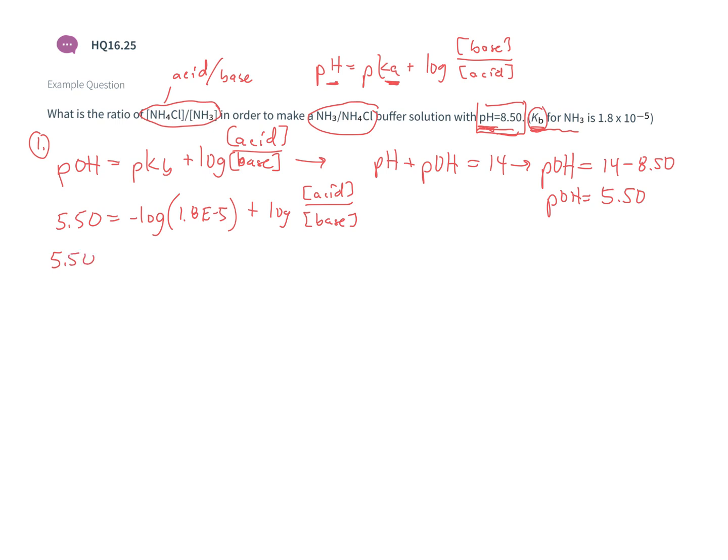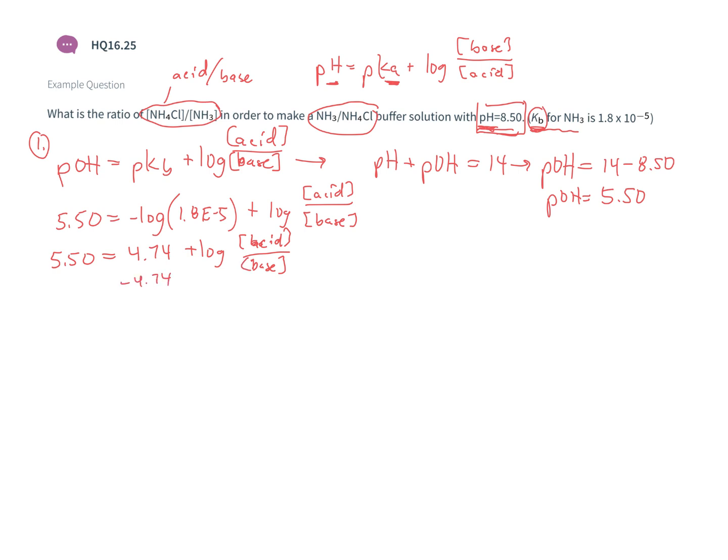So I've got 5.50 equals the negative log of 1.8 e to the negative 5, which is 4.74, plus the log of acid over base.